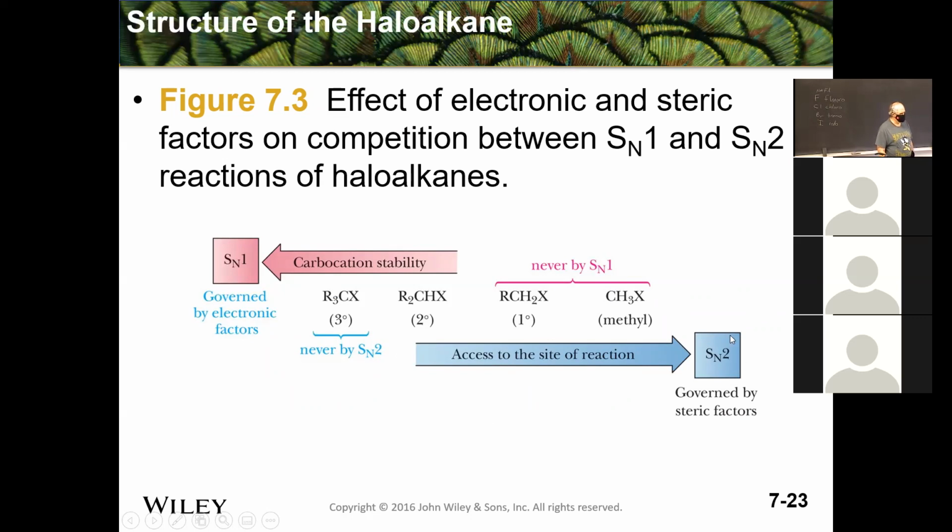At the other end, methyl and primary are going to be governed by SN2, and those carbocations are so unstable that they're not going to react by SN1. What about secondary halides? They could actually go either way. They're going to be pretty slow by SN2, but they can still undergo SN2 reactions.